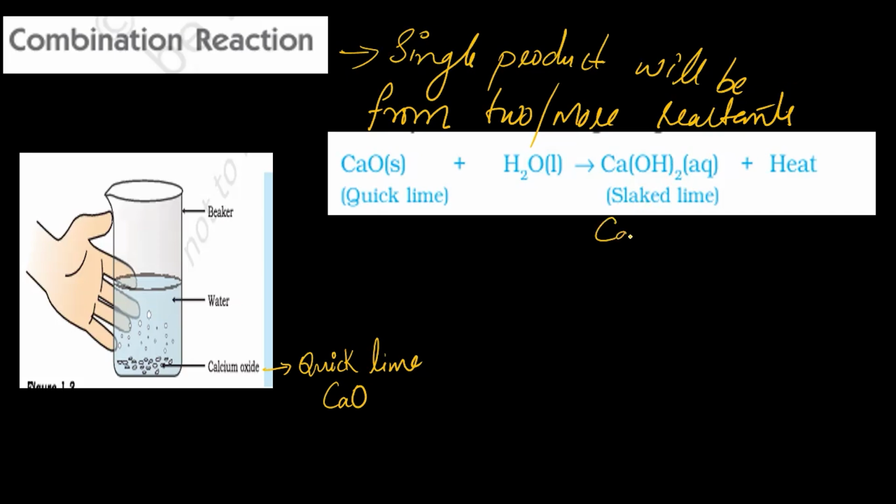It is also called slaked lime. When you touch the beaker, you will feel hot. That means during this reaction, heat energy is liberated. That is why heat is written on the product side. So it is clearly understood that here two reactants are combining and you will be getting only a single product. So this is an example of a combination reaction.